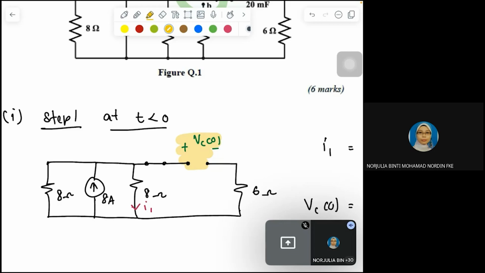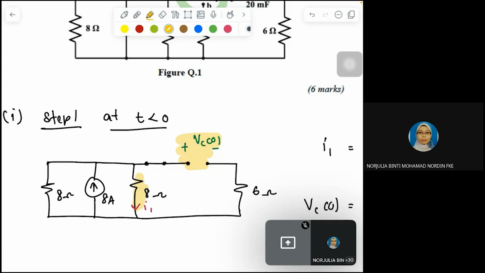Since at that point it's open, there is no current that flows through your 6 ohm. So your voltage across the capacitor falls directly on the 8 ohm resistor.